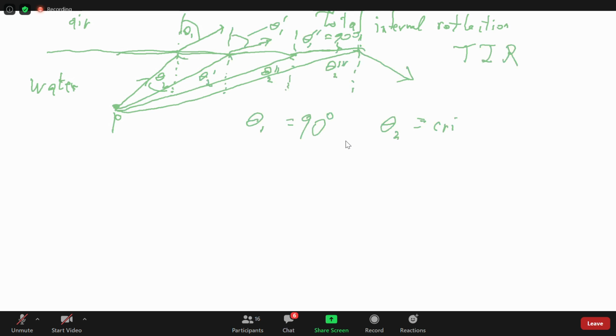So when the angle of refraction is 90 degrees, that's when the angle of incidence is called the critical angle. Right? Here we have, of course, remember that this top is N1, bottom is N2, where of course N2 is bigger than N1.